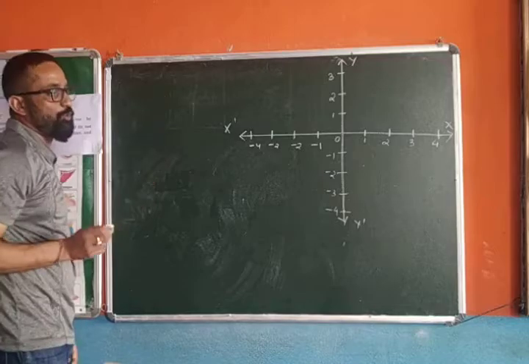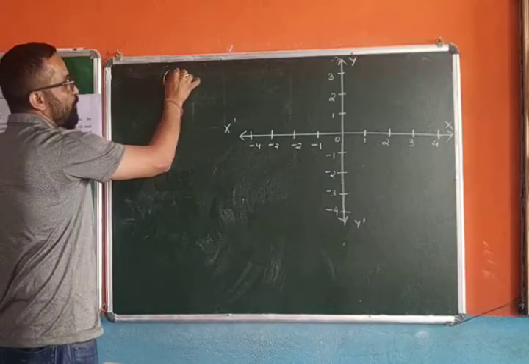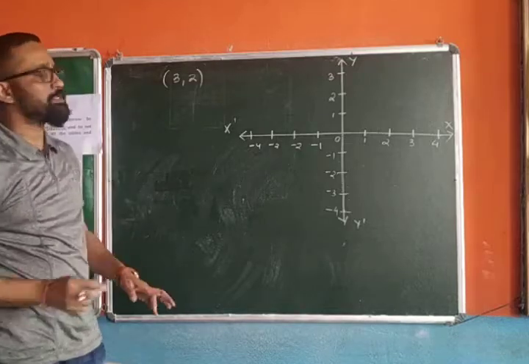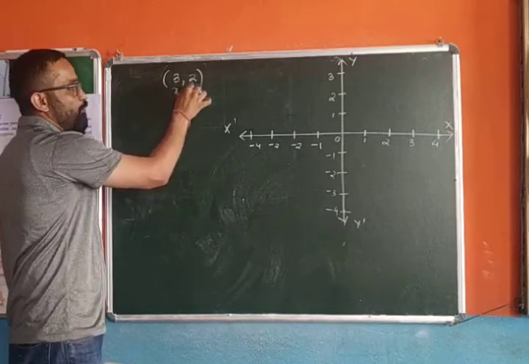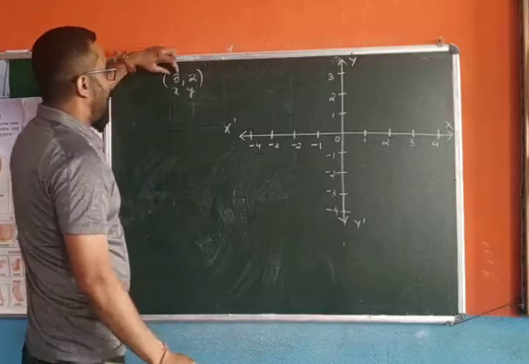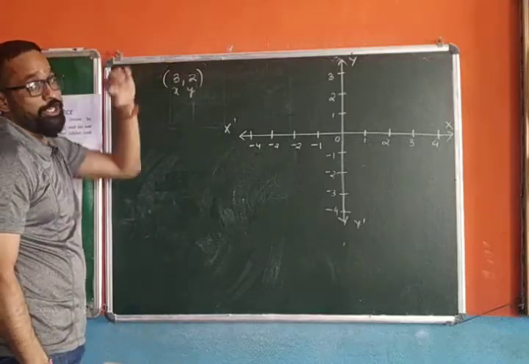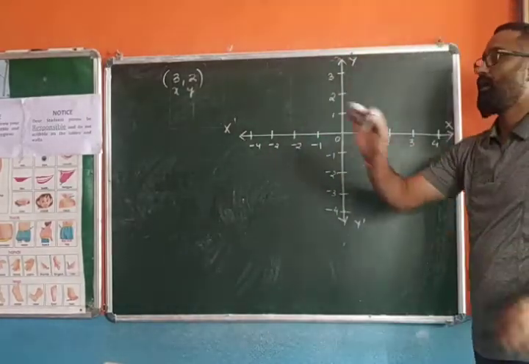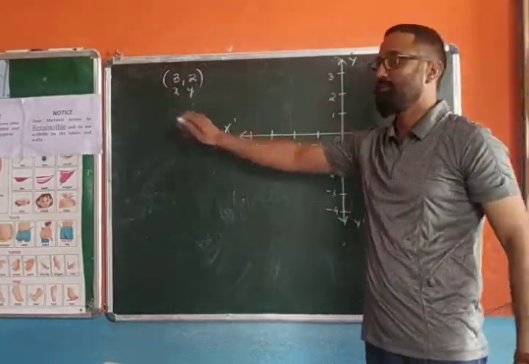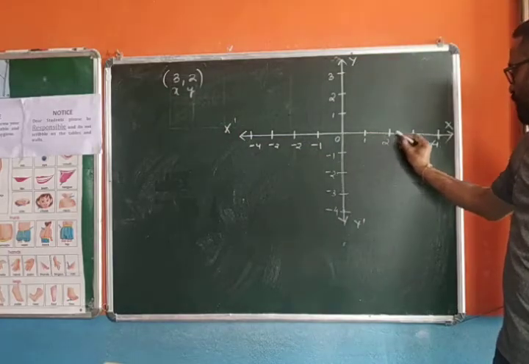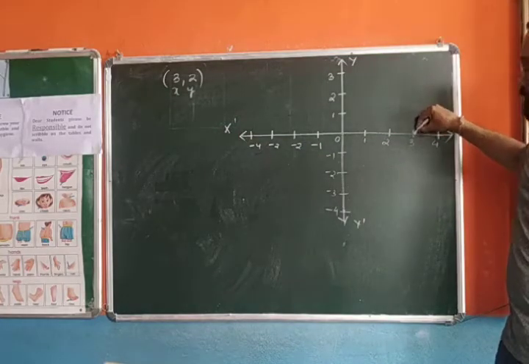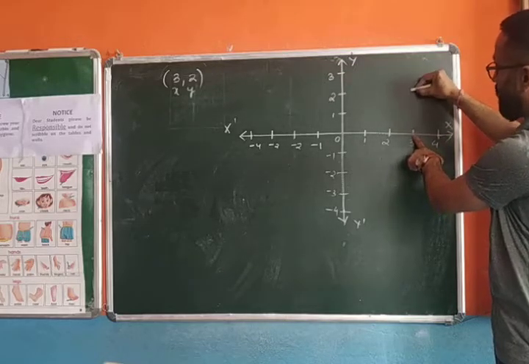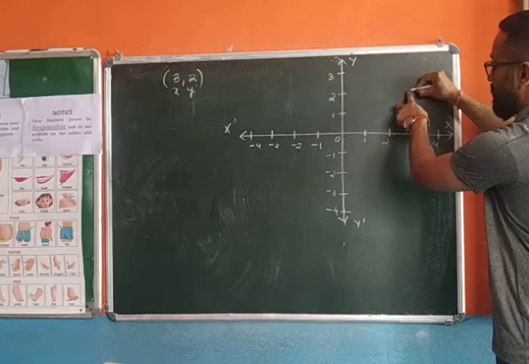Suppose you are asked to plot a point whose coordinate is 3, 2. It means that x is 3 and y is 2. Abscissa is 3 and ordinate is 2. So we start marking the abscissa first: 1, 2, 3. From this point, ordinate is 2, so we move up and compare with the y-axis.